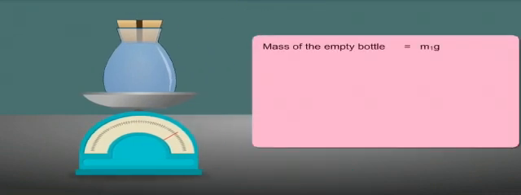Number 2, fill the bottle up to the brim with the liquid and put the stopper firmly so that the extra liquid falls off. Clean the bottle and dry it properly. Number 3, measure the mass of the bottle plus liquid with the help of the physical balance. So, the mass of the empty bottle, let it be m1 gram, and the mass of the bottle plus liquid, m2 gram.